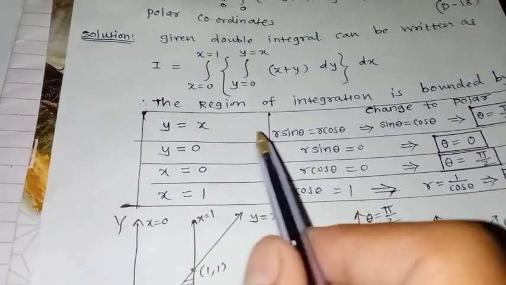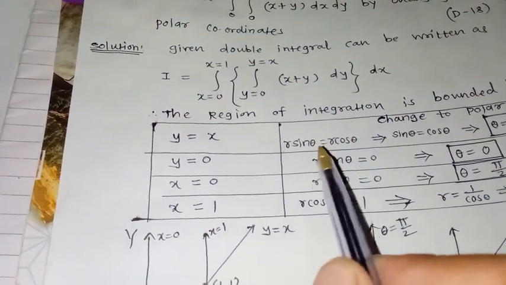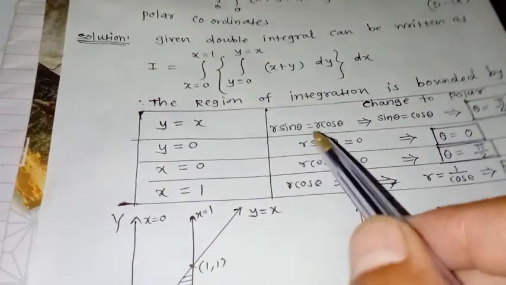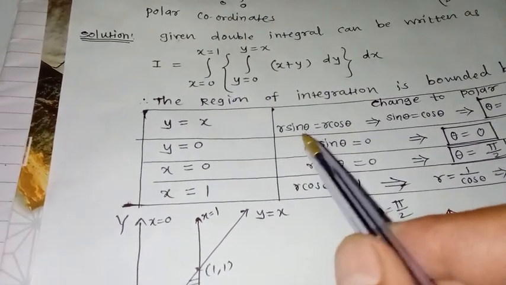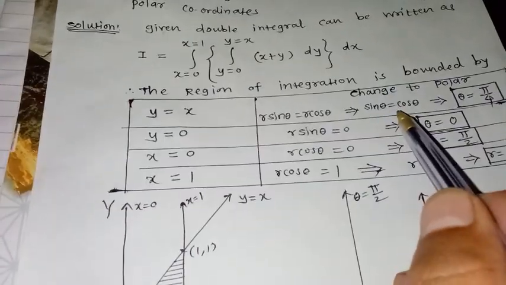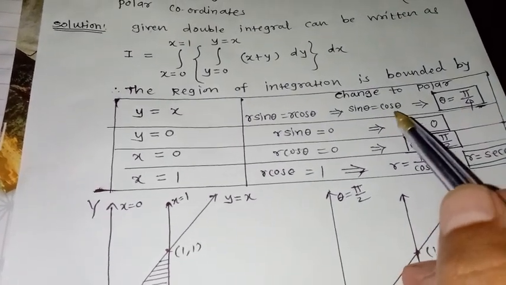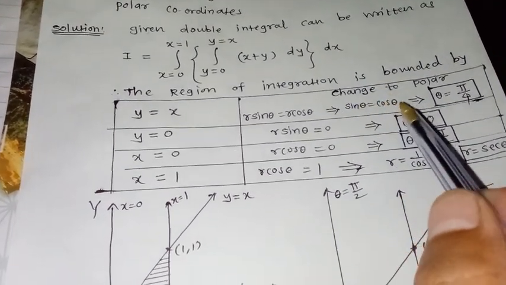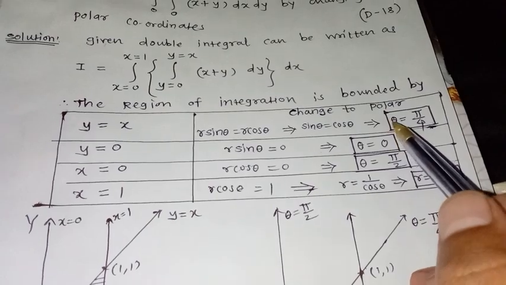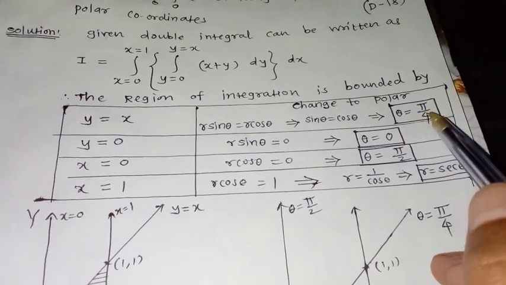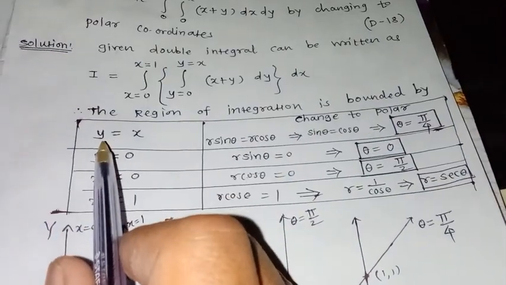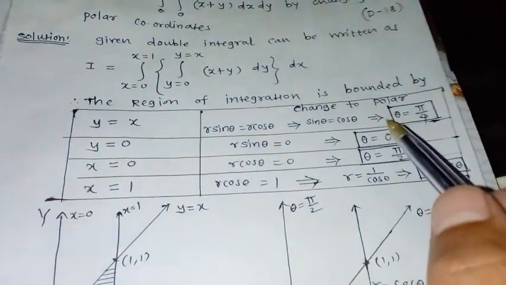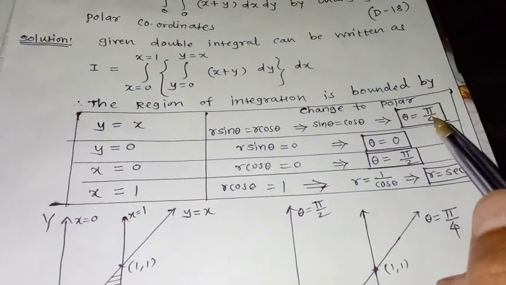So after solving this I will get sin theta equals cos theta, and sin theta equals cos theta means tan theta equals 1, and it is possible only when theta equals pi by 4. So the equation of line y equals x can be written as theta equals pi by 4 in polar coordinates.